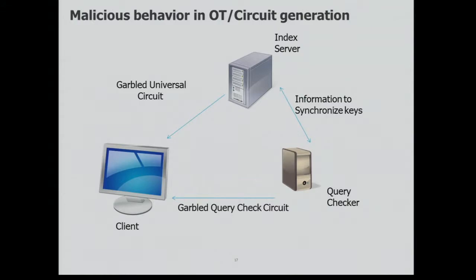So instead, we're going to generate a garbled universal circuit, and the query checker will generate the policy circuit, and they can talk to each other to synchronize the keys in a way that when the client programs the universal circuit, that same programming will also be fed as input to this circuit. And so there's no way to submit different programming to this circuit and to this query.